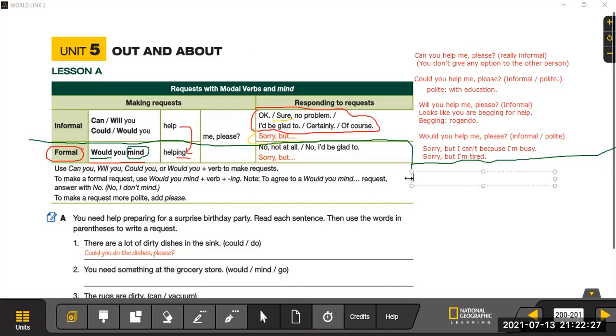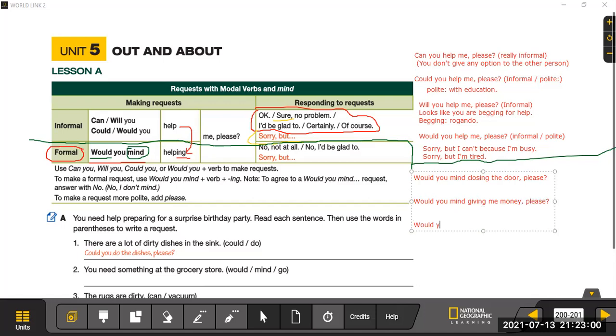I'm going to write more examples. Would you mind closing the door, please? Also, I can say, would you mind giving me money?